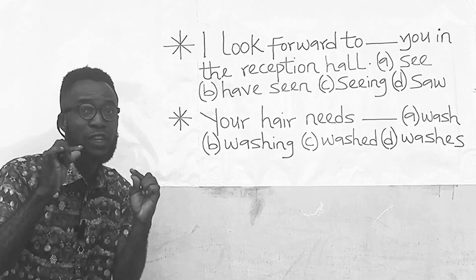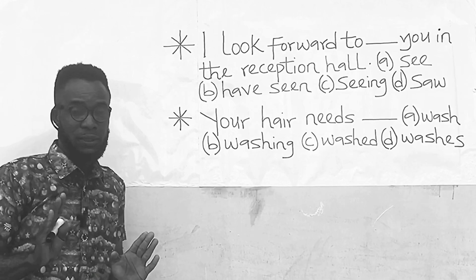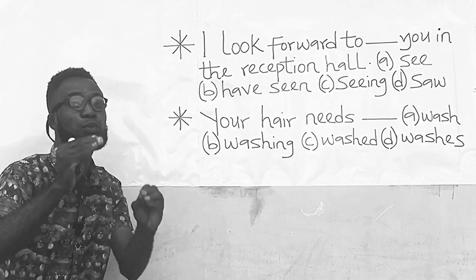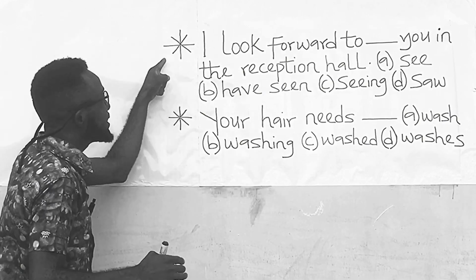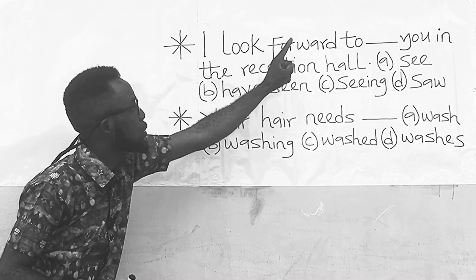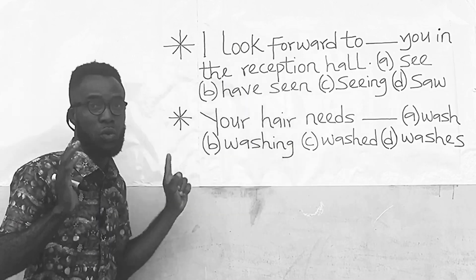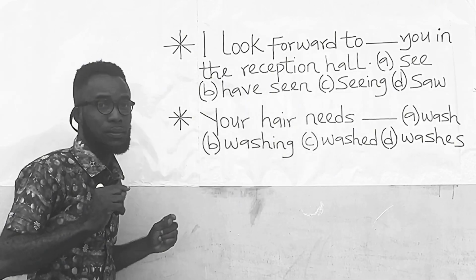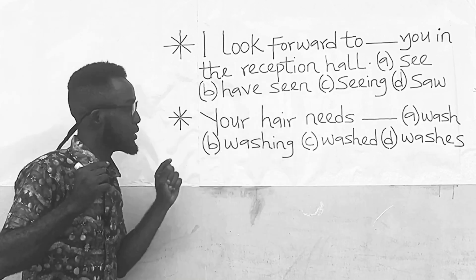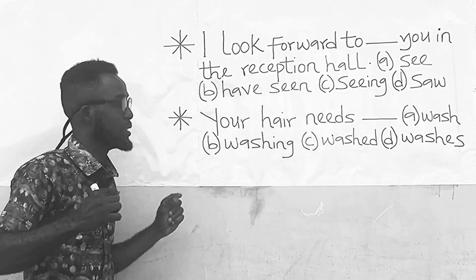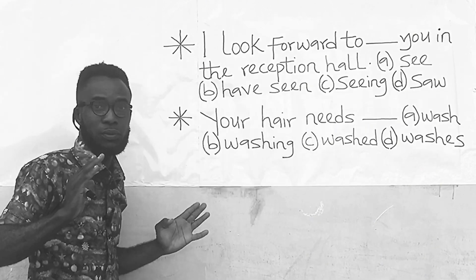From what we have learned in question number 9, it means that if we are asked a question of this nature, "I look forward to dash you in the reception hall." Option A, see. Option B, have seen. Option C, seeing. And option D, saw.